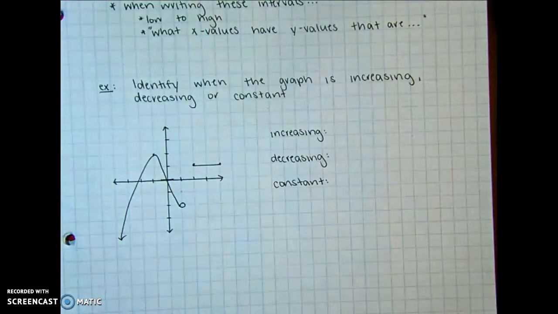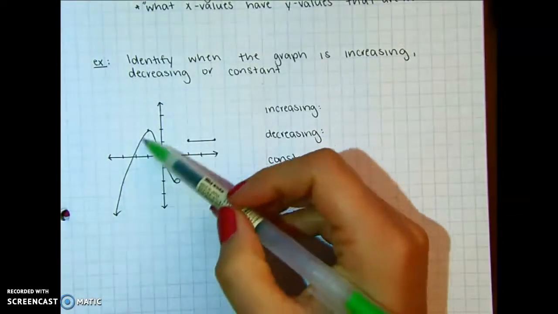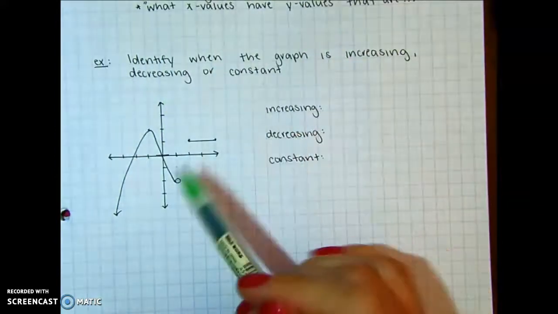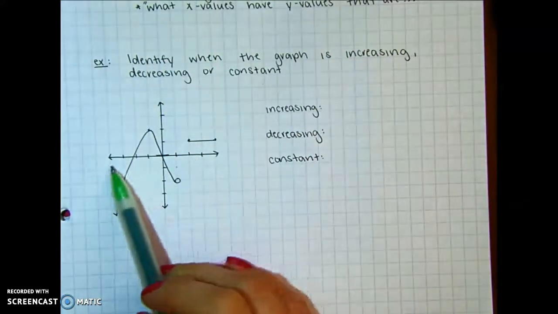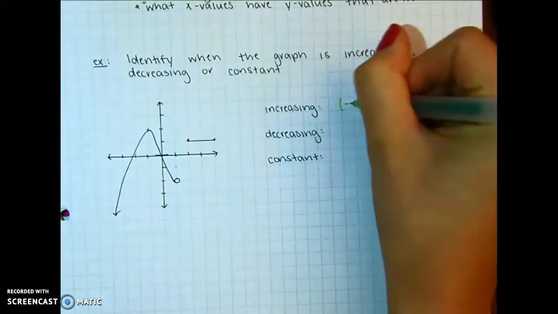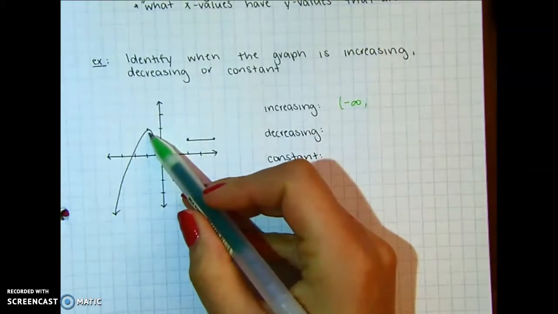So from left to right, it is increasing. Right here, it's getting higher. So what x values have y values that are increasing, it's going up. So from when x is, well, there's an arrow, so -infinity, until we get to -1.